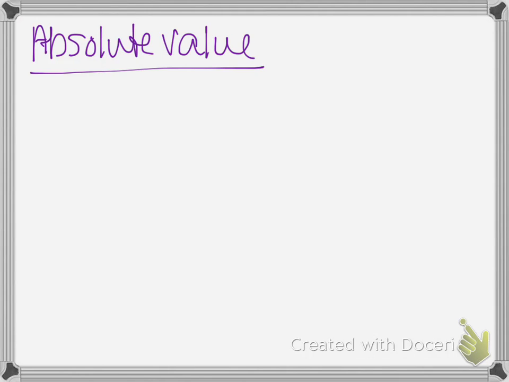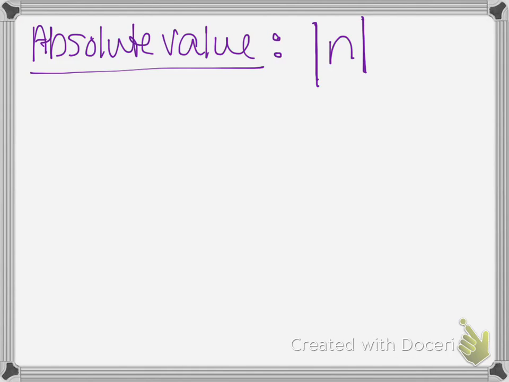Today we're going to look at not only integers, but also something called absolute value. An absolute value has a symbol that looks like 2 lines. So I'm going to put N to represent some number, and these 2 lines are absolute value symbols.